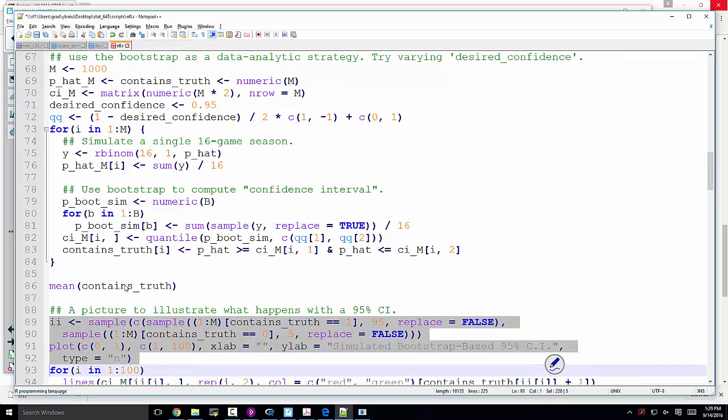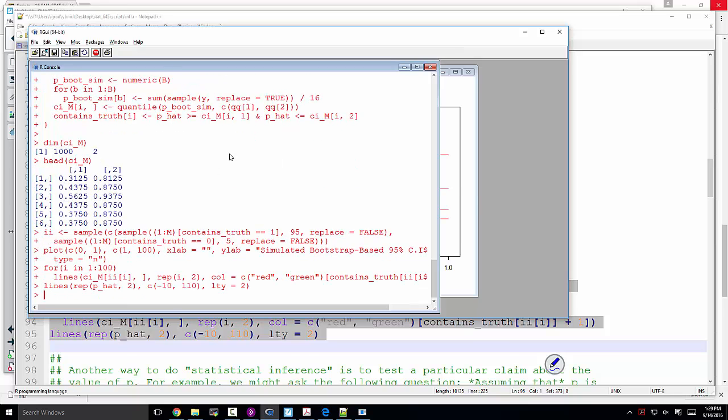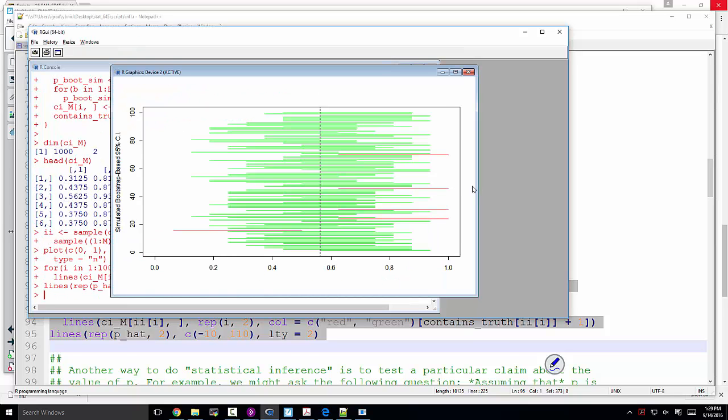This is the picture that you saw in the slides that I pointed to as interpreting your confidence intervals. We just did 1,000 confidence intervals, all under the scenario that P is 9 out of 16. Every single one of those horizontal line segments corresponds to one of those simulations where we had 16 zeros and ones. We did the bootstrap and got 2.5th and 97.5th percentiles of the resulting distributions.